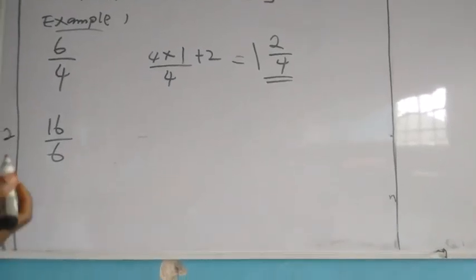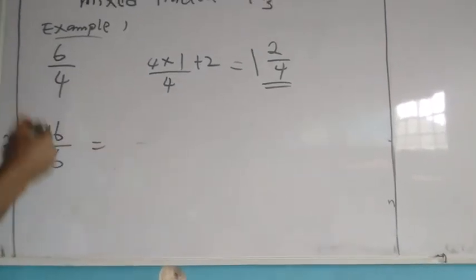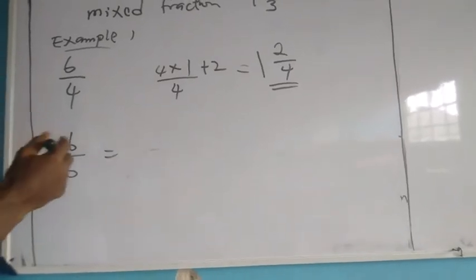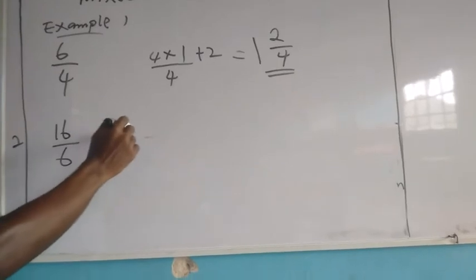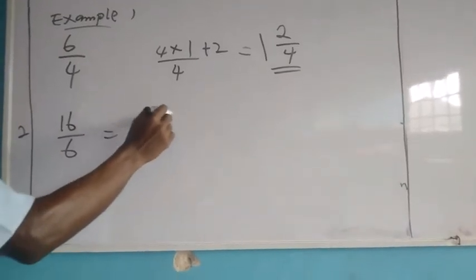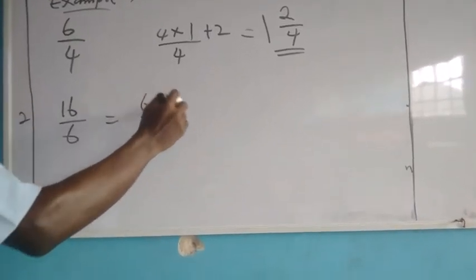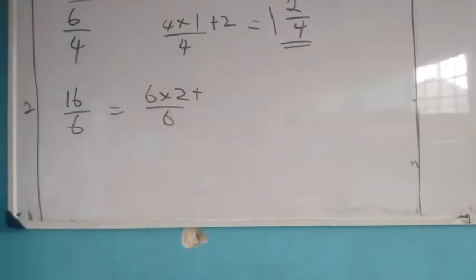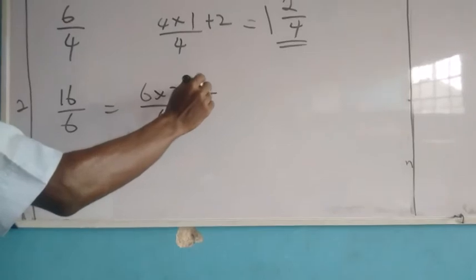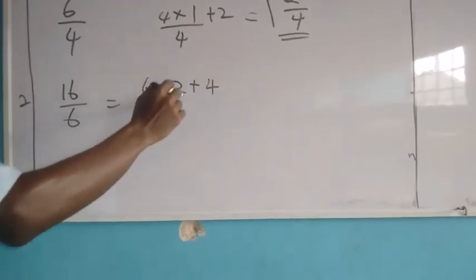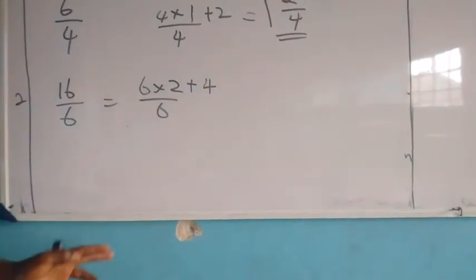So we now think of a number. That number is going to be 2, so 6 times 2 all over 6, plus, when you add a number, it will still give you 16. And that number will be 4.